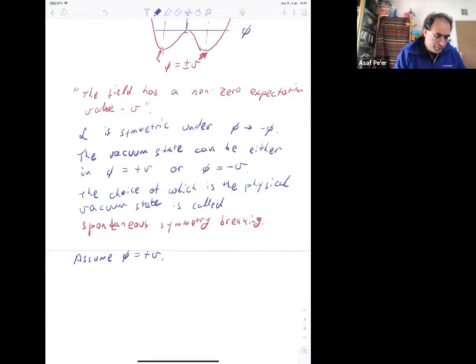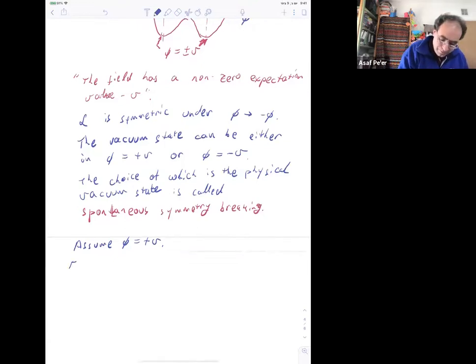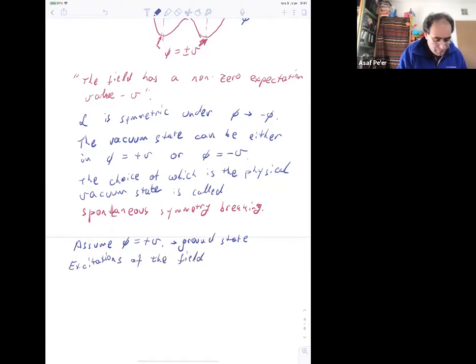So excitations of the field about the ground state, excitation of the field, describe particle states.